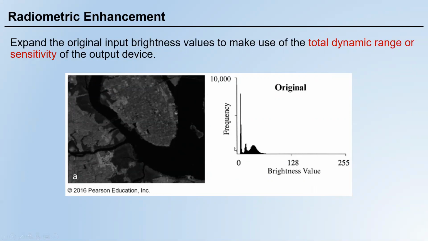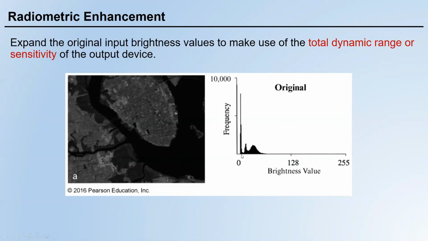And the vertical axis is the frequency of pixels. If the frequency value is 100, then it means that there are 100 pixels in this image with a specific brightness value. So an image histogram addresses the relationship between brightness value and the frequency of pixels with specific brightness values.